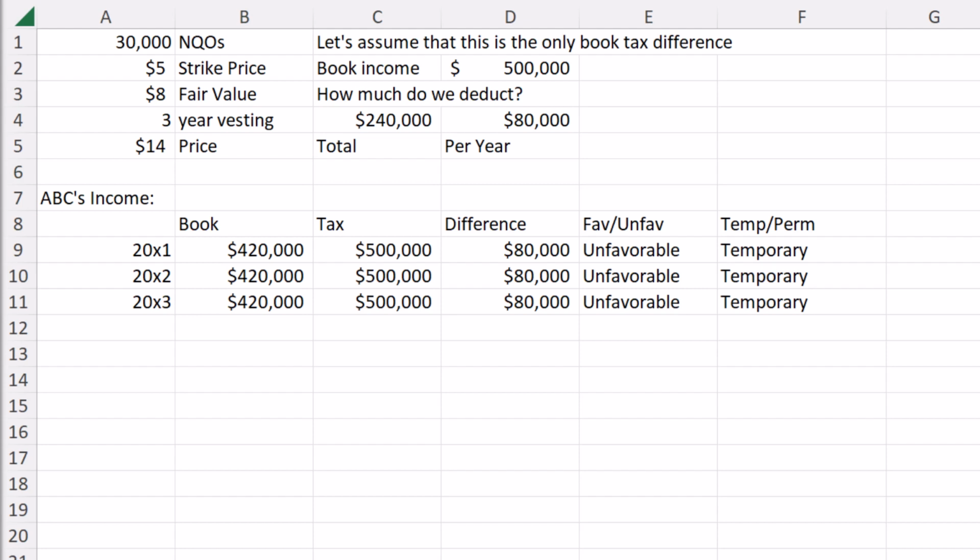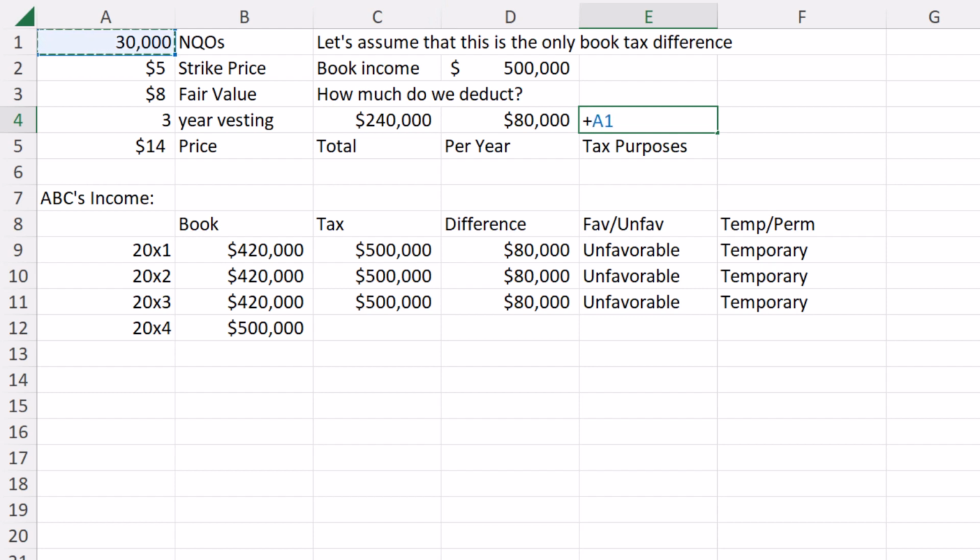So we have the 20x4 year here. Now for book purposes, they've already deducted these options. They're not going to be able to deduct any more. But for tax purposes, we are going to deduct the 30,000 times the difference between the price and the strike price.